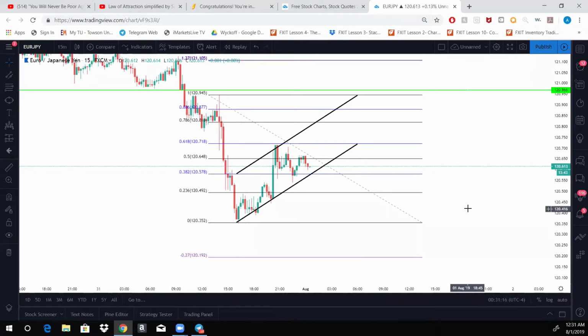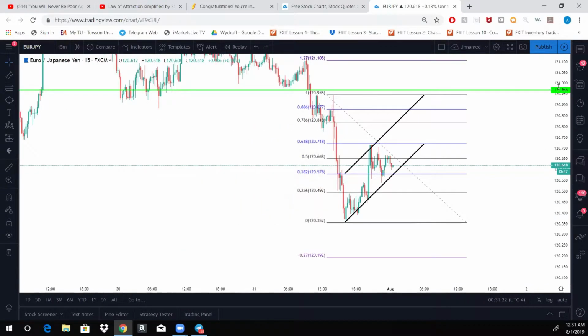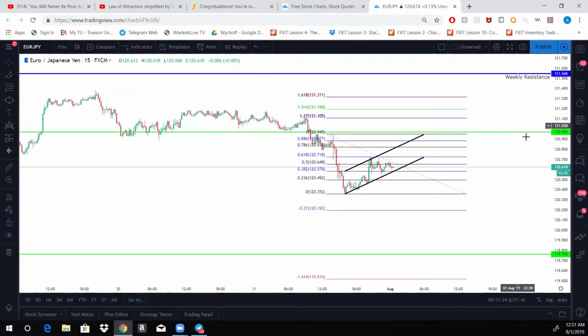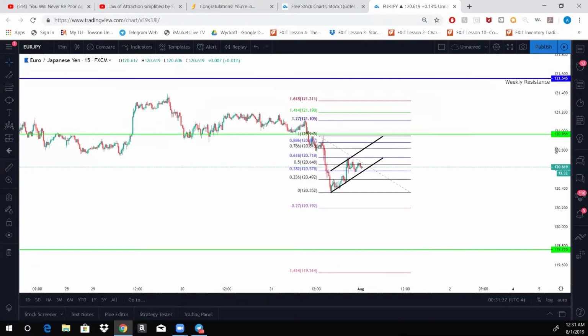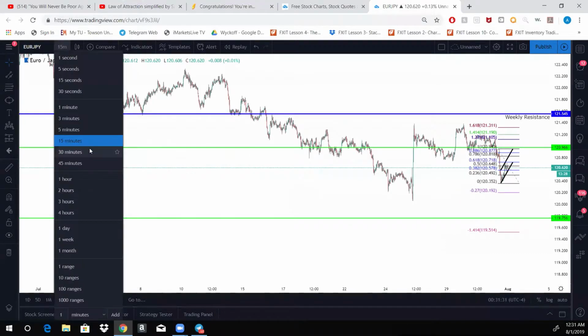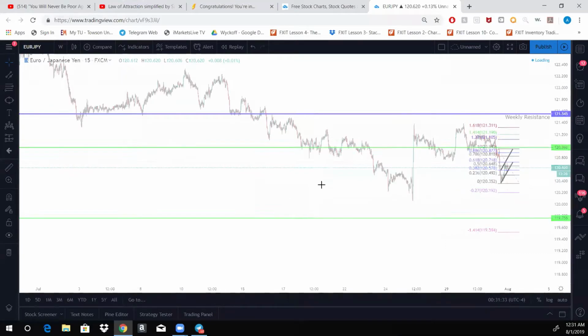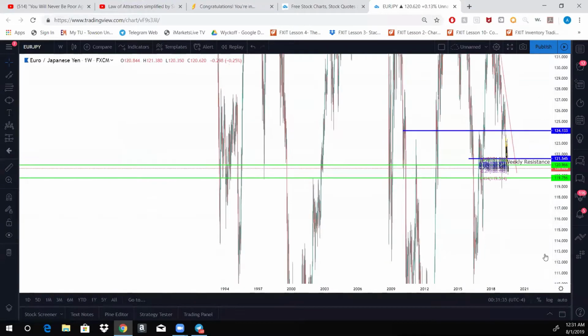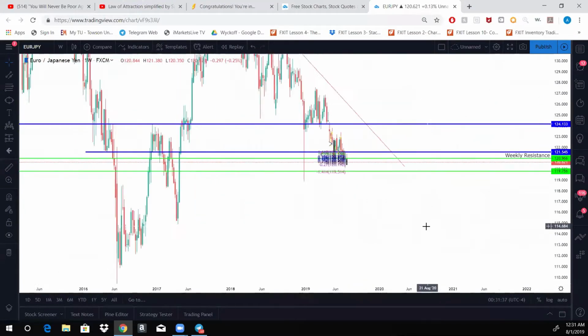Okay, so that's essentially the same thing, except supply and demand are more referred to these weeklies, where you have the biggest moves off of. Let's go back on the weekly. So from the really heavy structures, the heavy zones. Yeah, exactly.